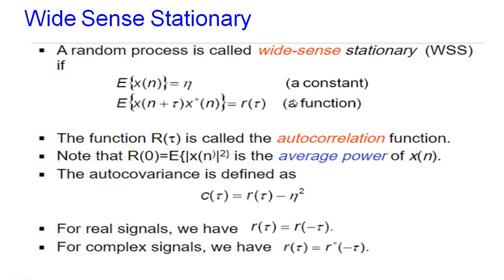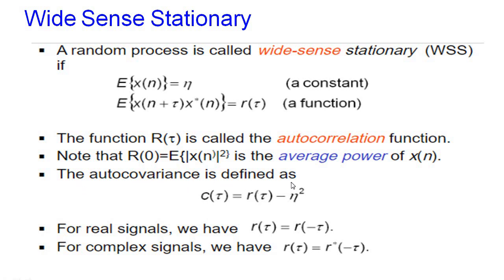R of tau refers to the autocorrelation function, and how do you get tau? From the difference, n plus tau minus n. The difference of these two: n gets cancelled, and we get tau. So the function r of tau, small r of tau, is called the autocorrelation function. Note that r of 0 equals the expectation of modulus of x of n whole squared. So it gives the average power of x of n.